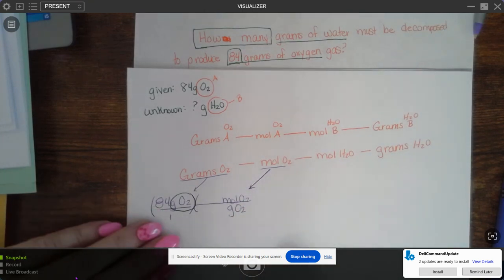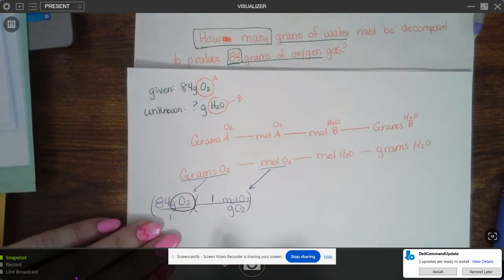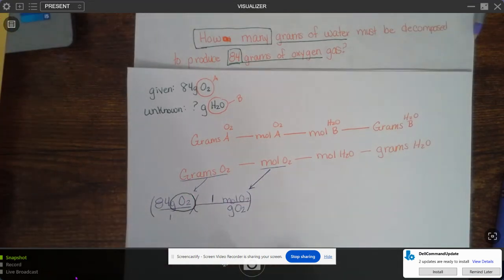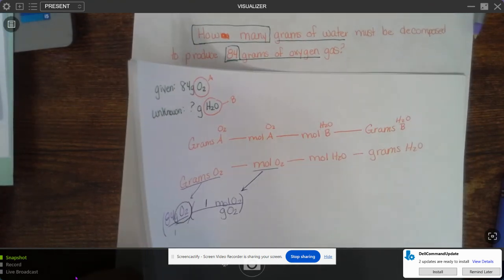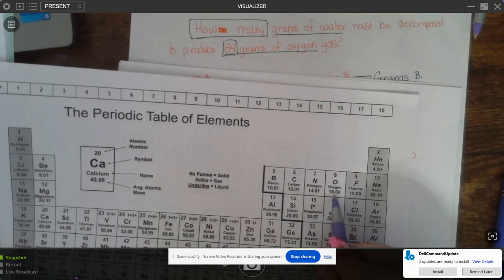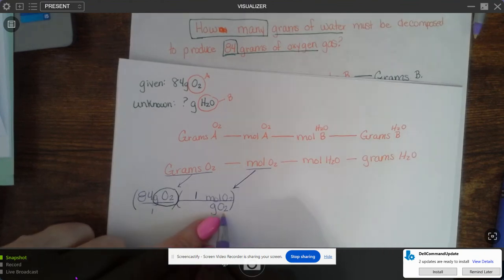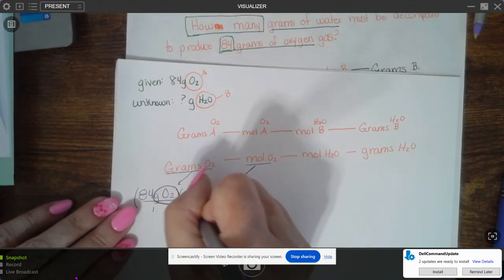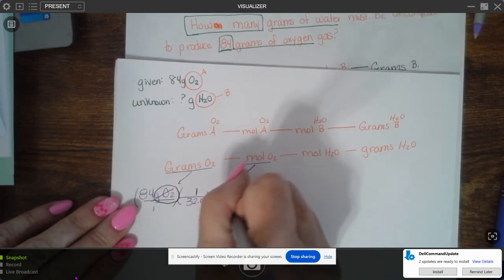We use the fact that 1 mole of O2 is equal to the molar mass of oxygen on the periodic table. This is probably one you remember, but let's double check. If we look at oxygen, the molar mass is 16, but we have 2 of them, so 2 times 16 is 32. Our units cancel.